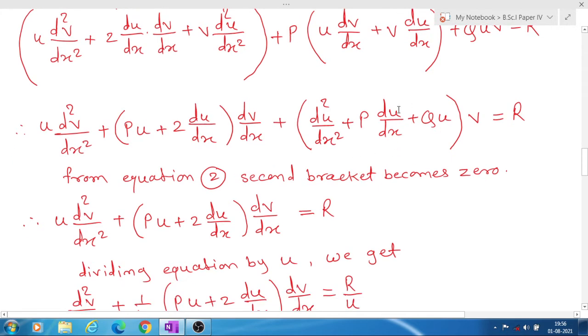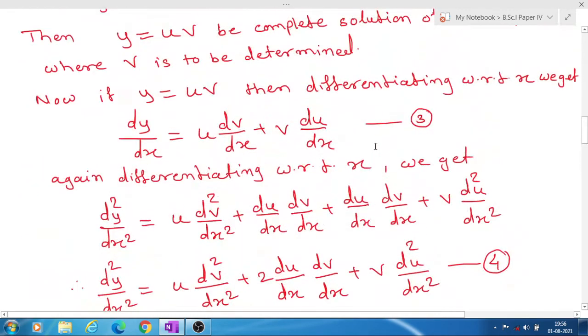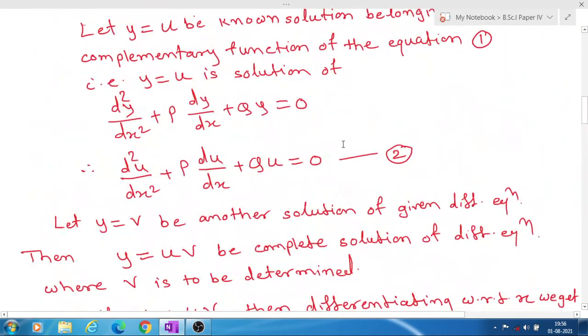Now this bracket is nothing but our equation number 2, since u is solution of the complementary function. So the value of this equation is 0, since u satisfies the given equation, f of y is equal to 0.